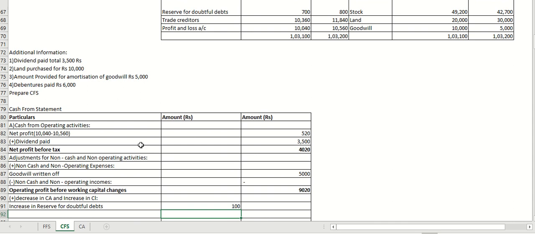Trade creditors also has increased, so you will add it. Increase in the current liability, increase in trade creditors. So 11,840 minus 10,360, you will get the answer to be 1,480.